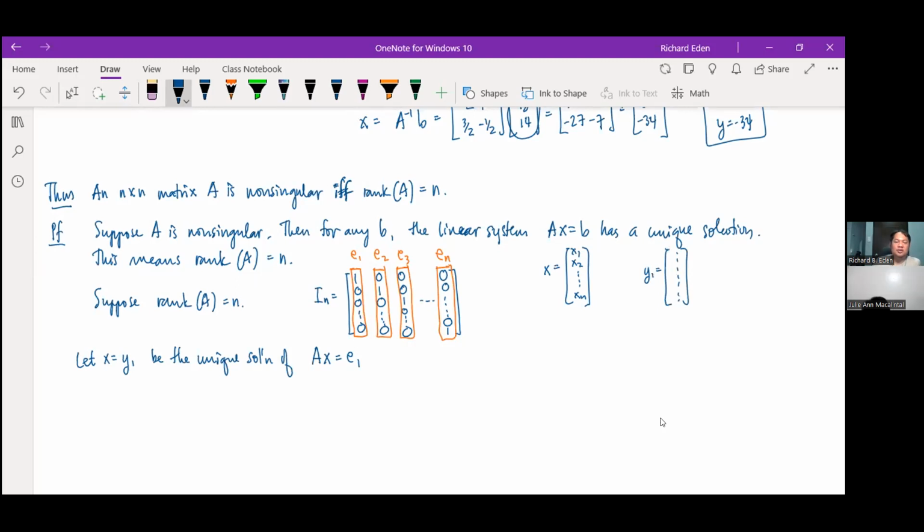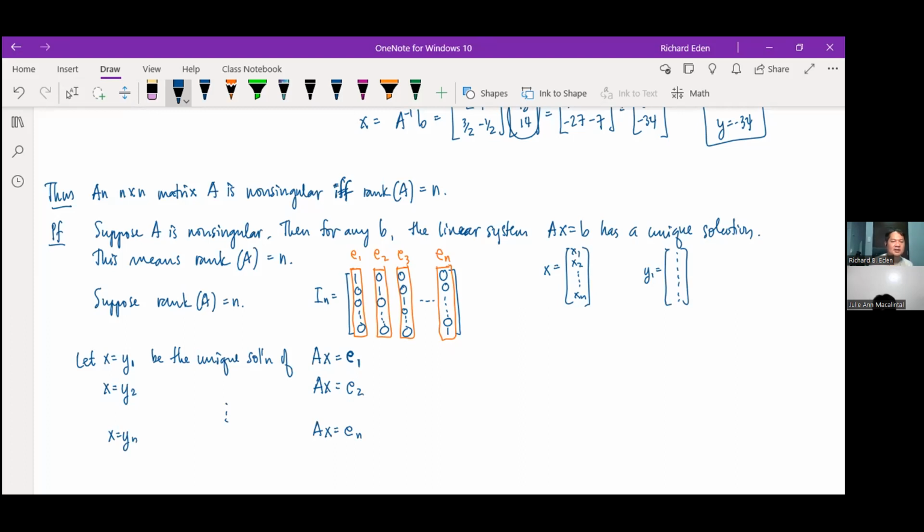I'm denoting the solution by Y sub 1 to show that it corresponds to using E sub 1 on the right side. And let X equal Y sub 2 be the unique solution of AX equals E sub 2. A has rank N, so these linear systems have unique solutions, until finally AX equals E sub N has a unique solution, Y sub N.